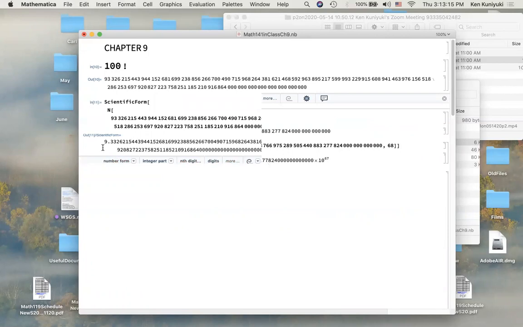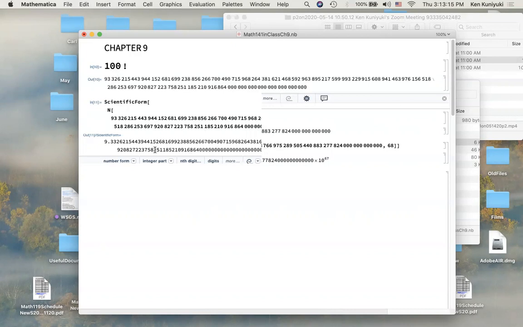So this number is a 9 followed by 157 digits, in fact. Why do we have a bunch of zeros over here? These are actually zeros. This isn't rounding. Well, one reason is that we're multiplying by numbers like 10 and 20 and 30, but even something like a 2 times a 5 will give a 10, right? So there are a bunch of integers in here that will multiply to a multiple of 10.